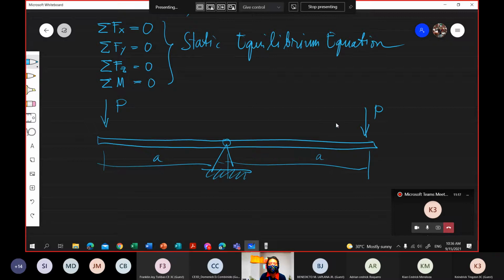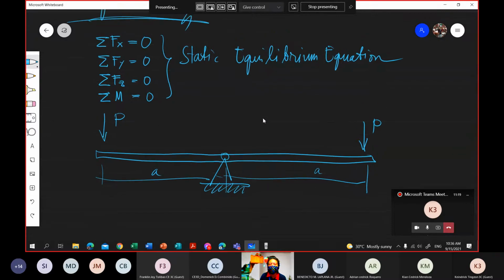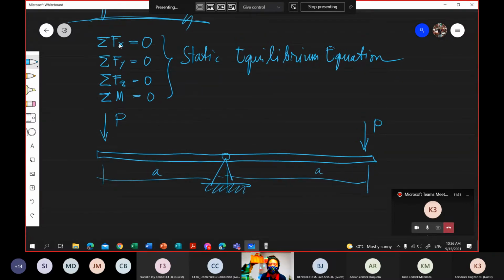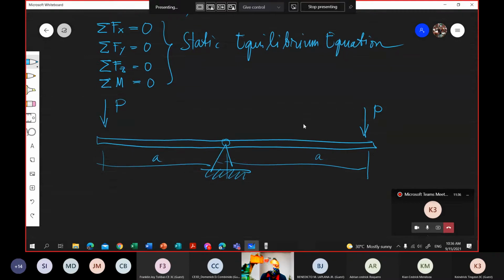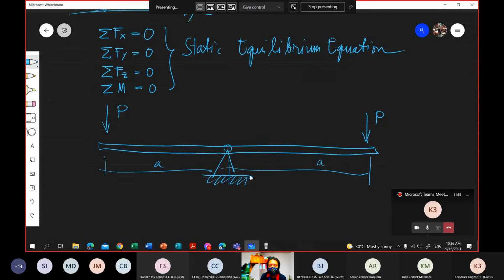So this is in a state of equilibrium because when you sum all of the forces along any axis, since this is just 2D, you only need to satisfy the summation of Fx and summation of Fy, and of course, the summation of moments. Looking at this figure, obviously, this is in a state of equilibrium.